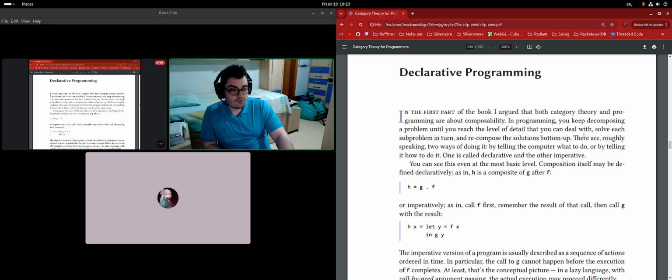Roughly speaking, there are two ways of doing computation: by telling the computer what to do, and by telling it how to do it. We're going to explore with an analogy how we can get an intuition for declarative versus imperative. Declarative is about telling what to do, and imperative is telling it how to do it.